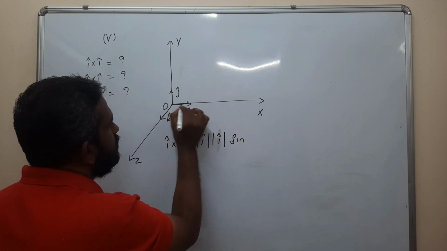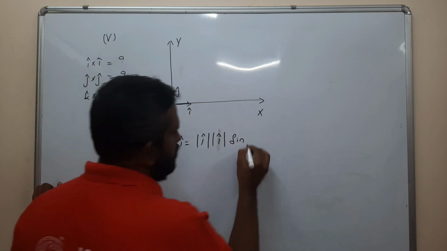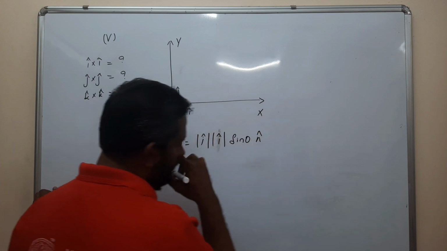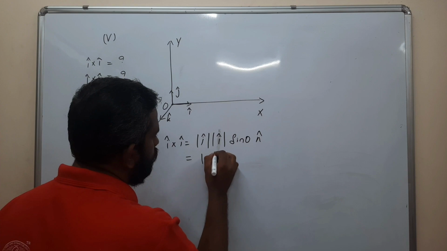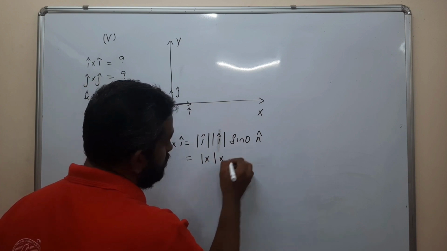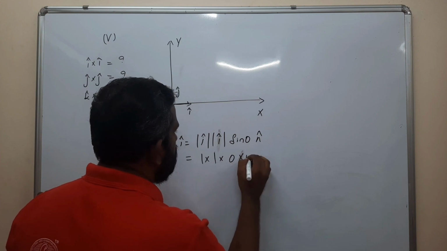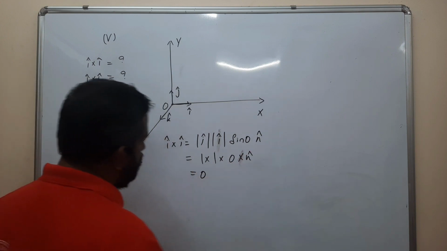One vector is I, and the other vector is also in the same direction, so sine 0, into n cap. So that's equal to modulus of I into modulus of I into sine 0, that is 0, into n cap. So that's equal to 0.